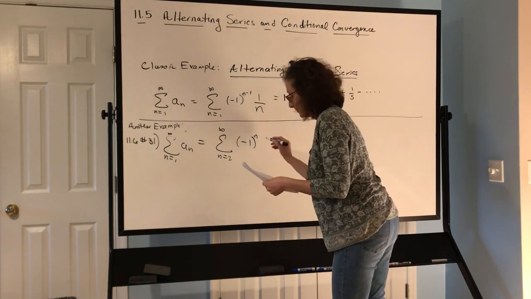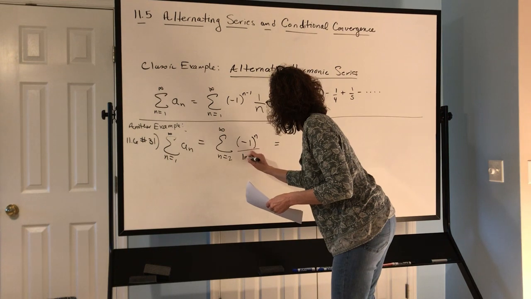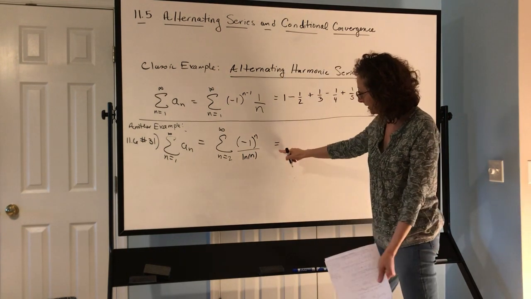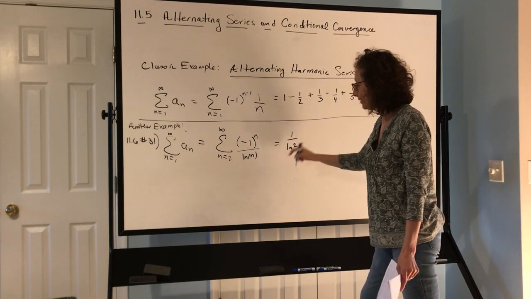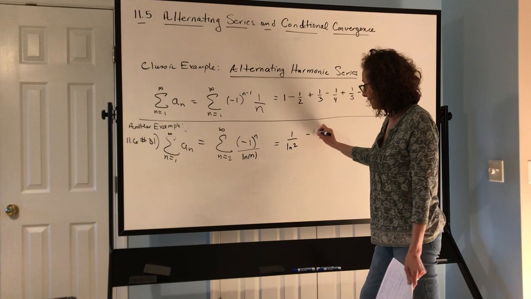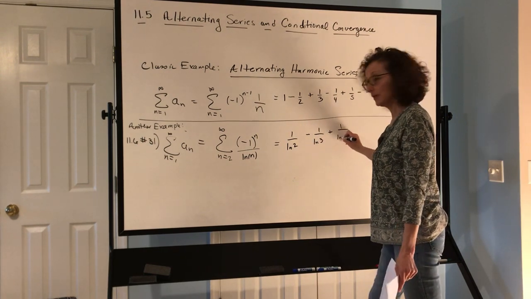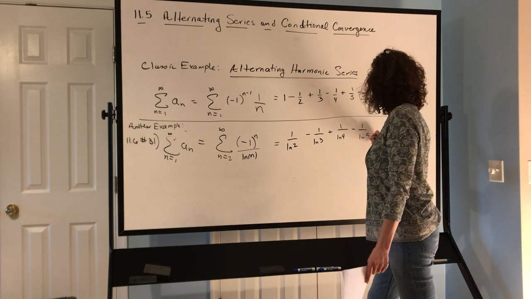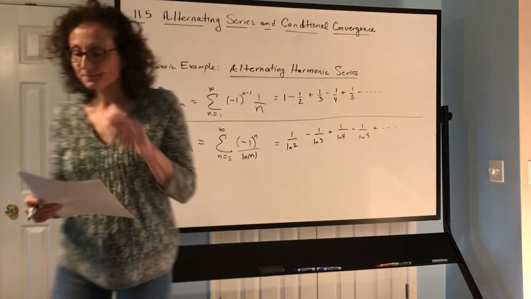When n is 2, that's positive, so I have 1 over the natural log of 2. When n is 3, it's negative, so it's minus 1 over the natural log of 3, plus 1 over the natural log of 4, minus 1 over the natural log of 5. Make sense? Got it?